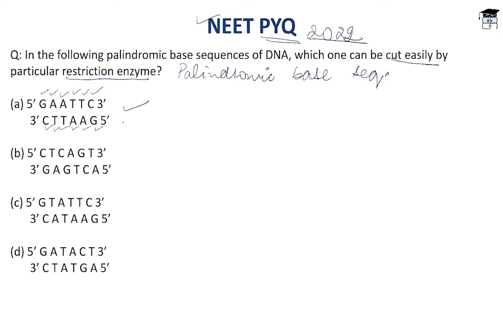This is a palindromic base sequence. Let's check option B, CTCAGT. No, this cannot be a palindromic base sequence because it should have begun with C. Now option C, GTATTC. G, correct. AA, no. After G, there should be T, not A. So again, this is wrong.